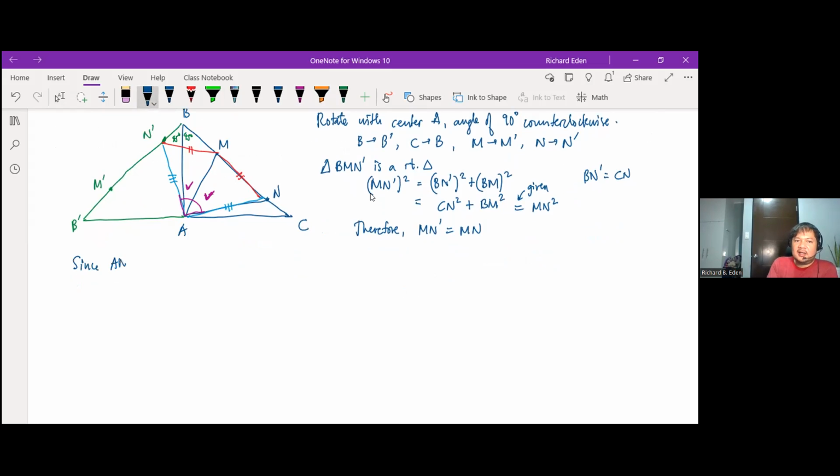Since AN prime is the image of AN, then AN and AN prime are perpendicular. So essentially, there's a 90-degree angle between them.